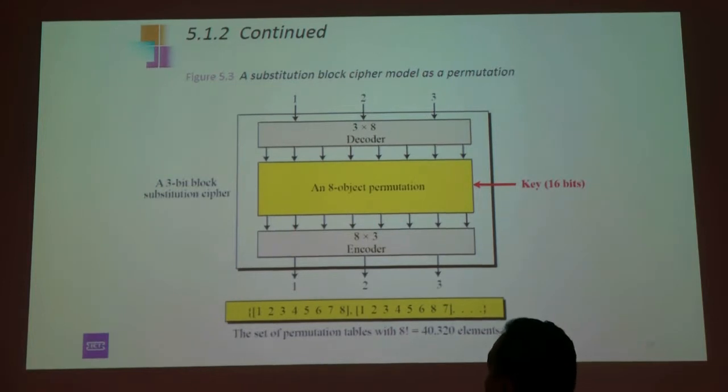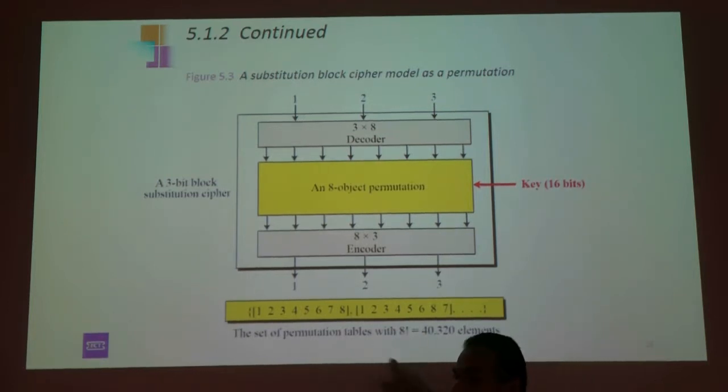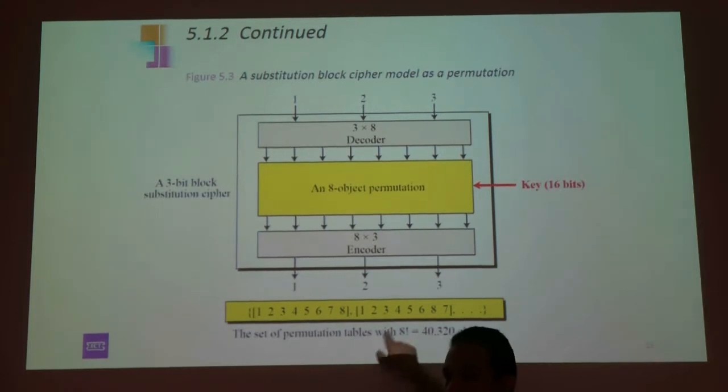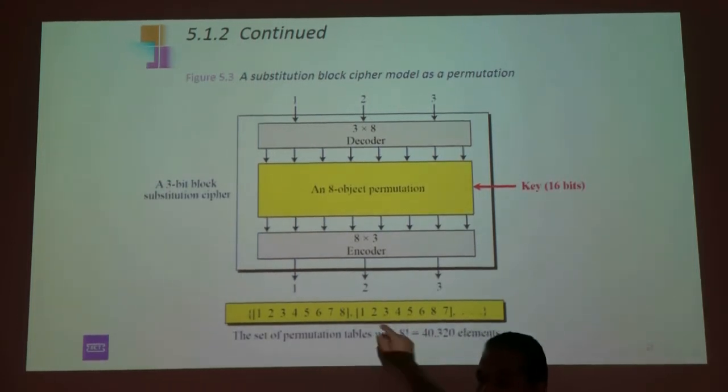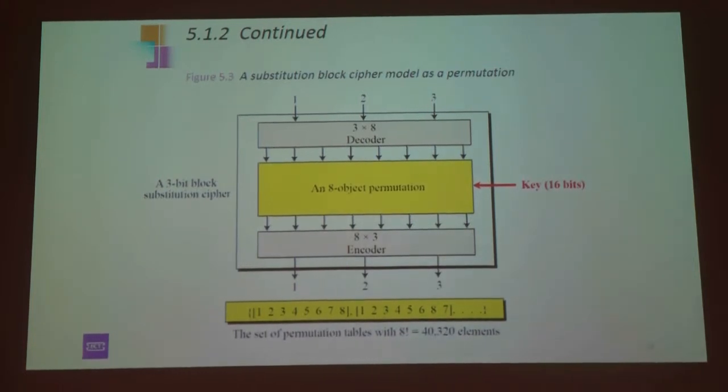All right. So when you make the permutation bigger, or the size of the block bigger, the domain of options will be much bigger, right? That would be much harder for the attackers to guess.